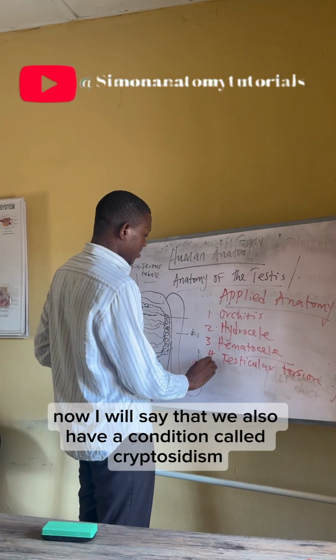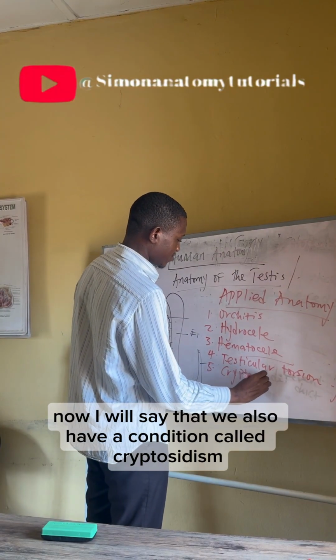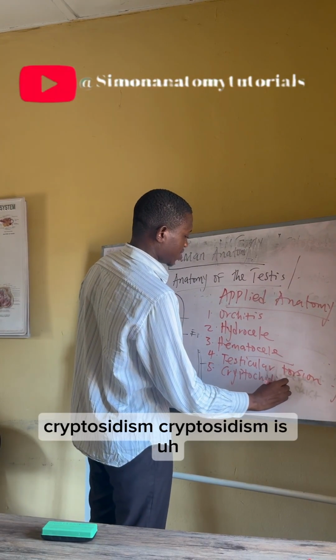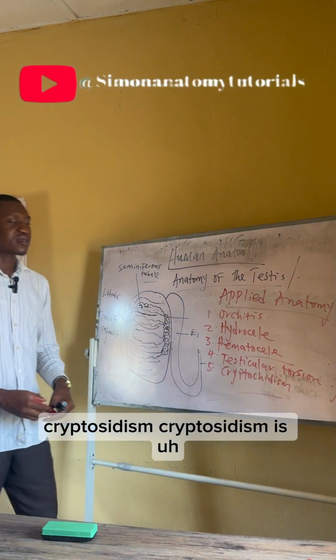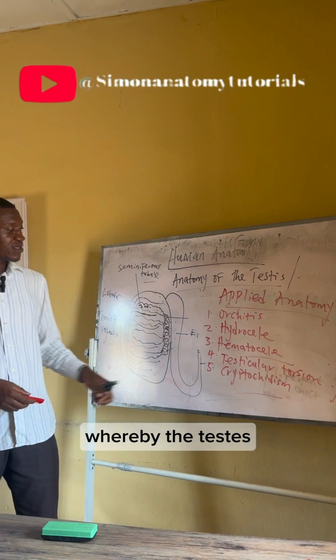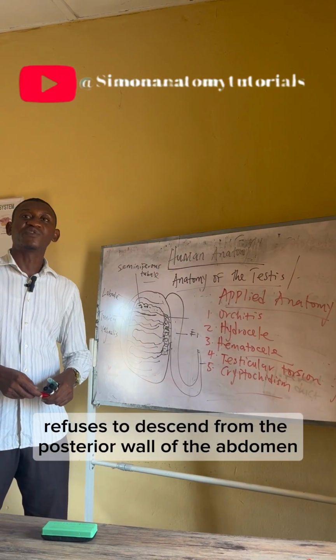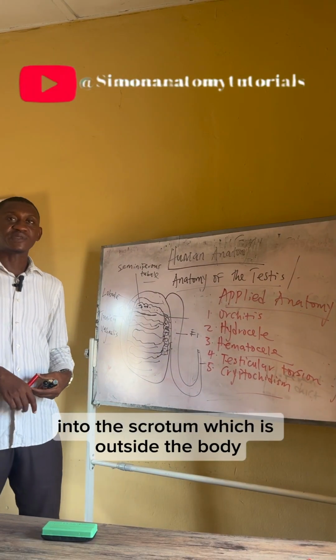Now, I would say that we also have a condition called cryptorchidism. Cryptorchidism is a clinical condition whereby the testis refuses to descend from the posterior wall of the abdomen into the scrotum, which is outside the body.